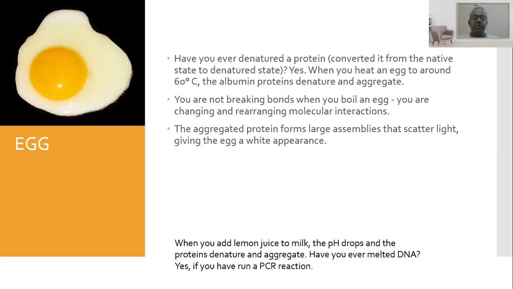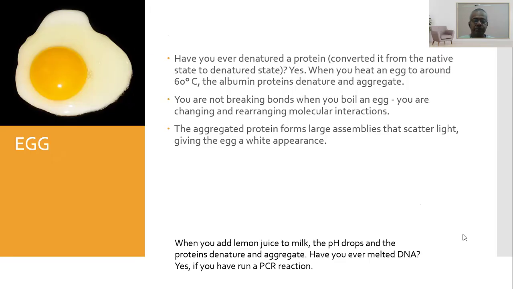And how can you distinguish between a native egg and a denatured egg? Because of scattering of light. Because of scattering of light, they give you a white appearance.